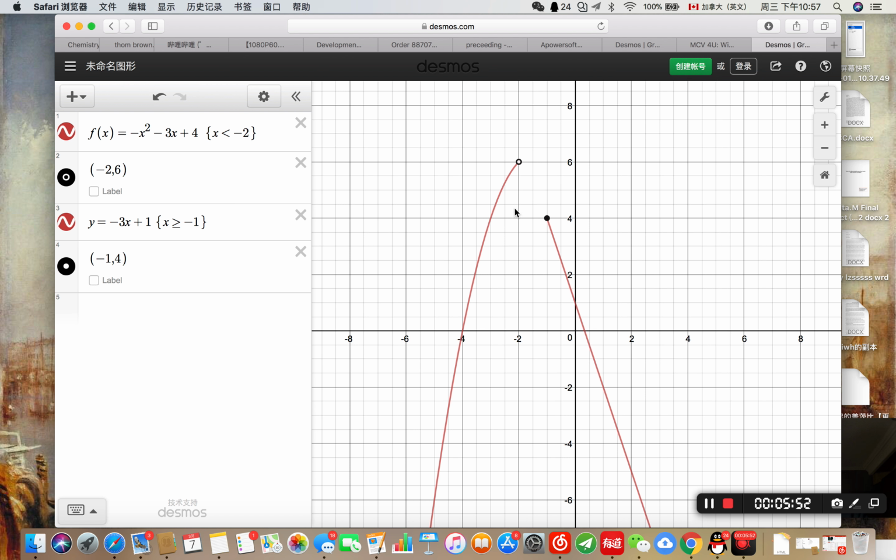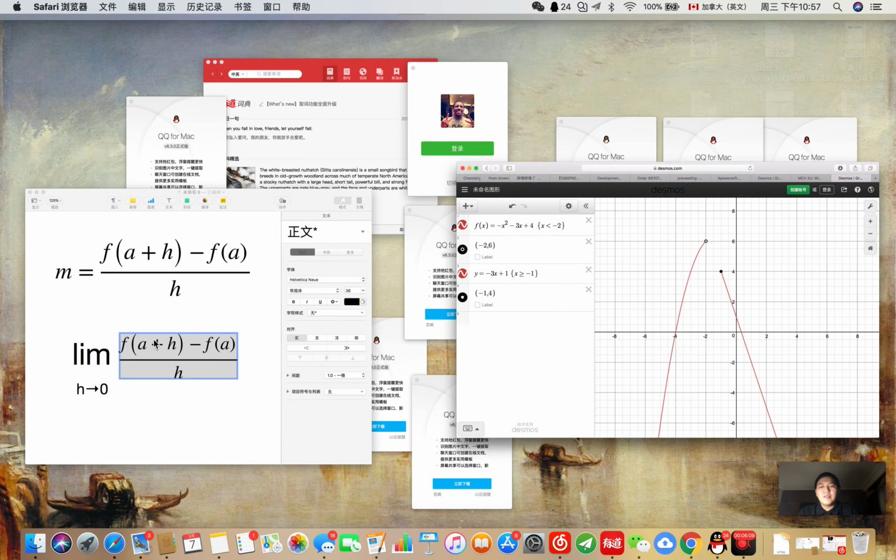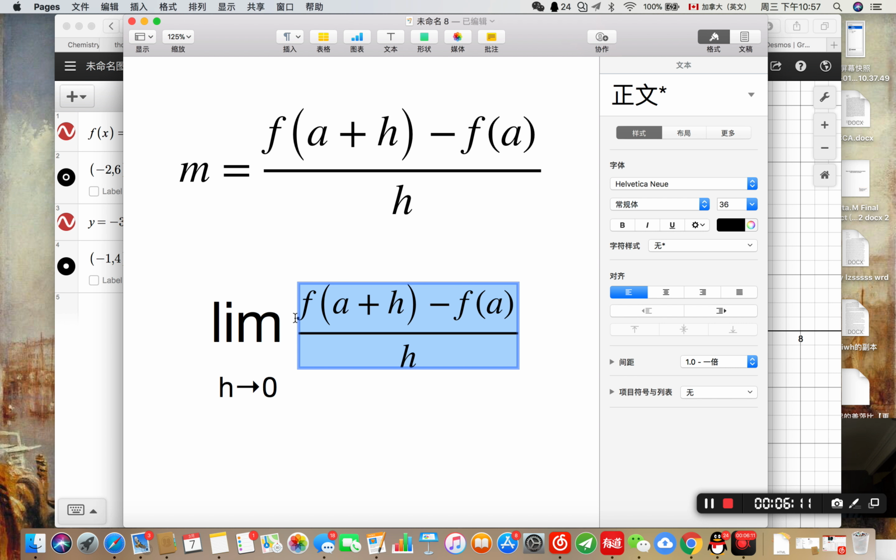It has no value for this point. So that's where the IRC formula doesn't work. It can be used for continuous functions, and that's what I talk about today.